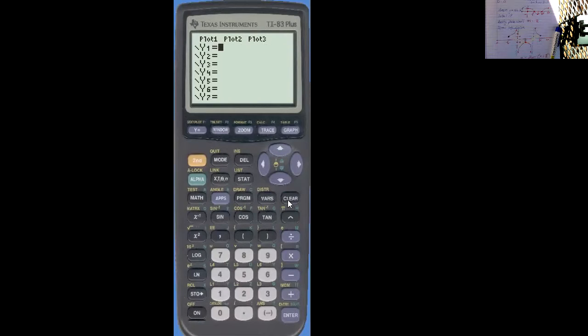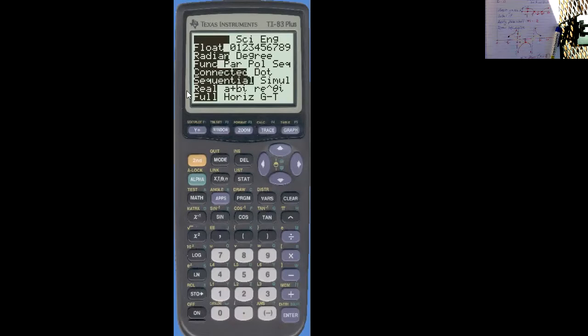Oops, clear it out. Second, quit. Actually, I'm going to clear this whole thing. Second plus 7 to reset, 1 for all RAM, and 2. So now I cleared out this calculator.